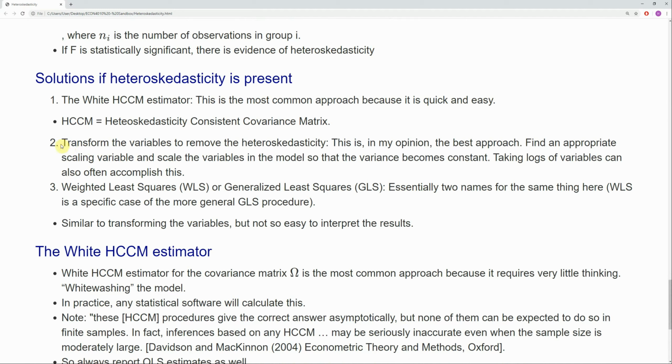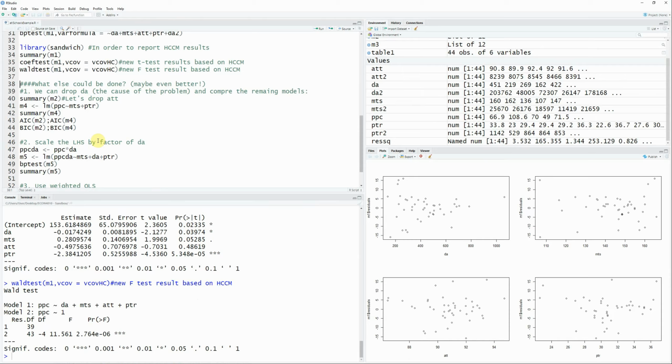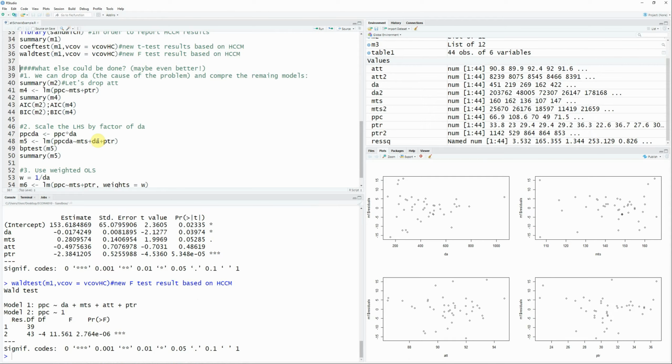But if you make some more effort to make some other changes, scale your variables or weight your residuals when you're estimating your model, then that could be better because you're using the data in a more informative way.